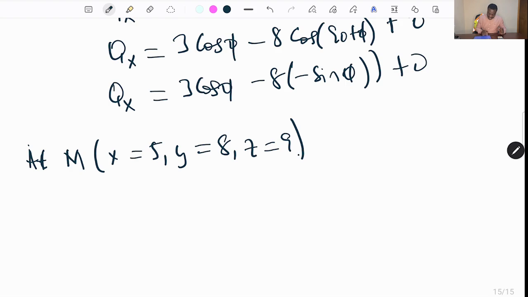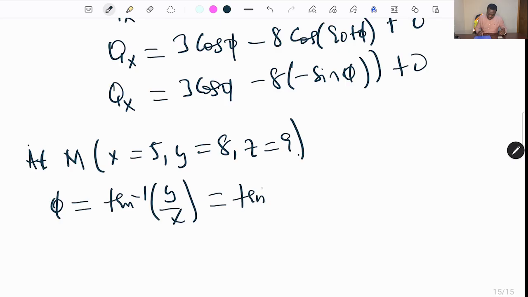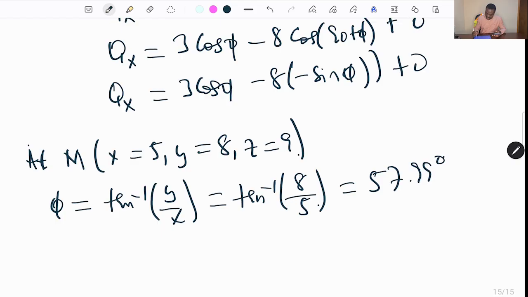If we know the coordinates and I want to find phi, it is tan inverse of Y over S. So tan inverse of 8 over 5. So 8 divided by 5, then tan inverse, we get 57.99 degrees. That is our phi.